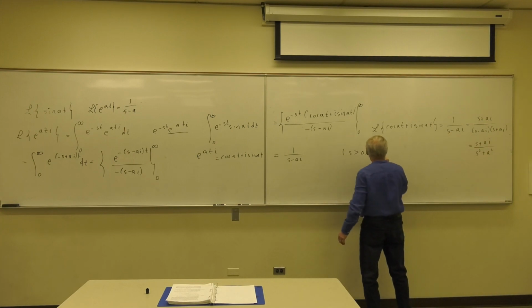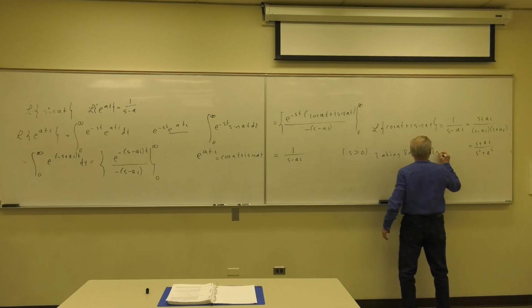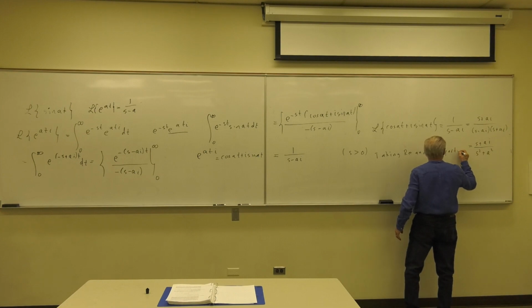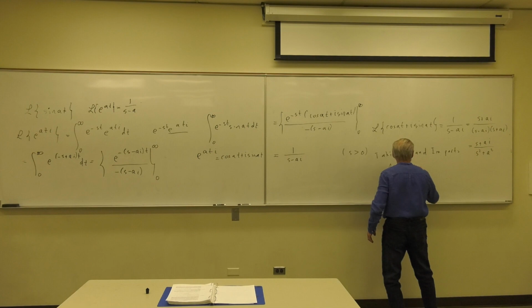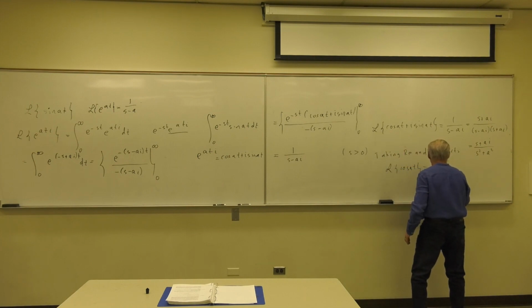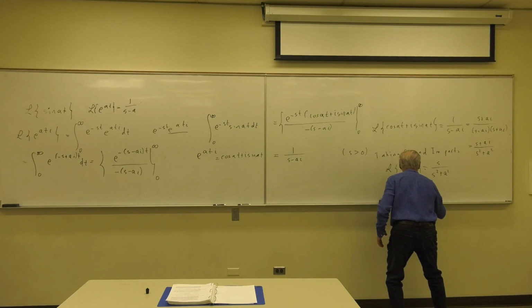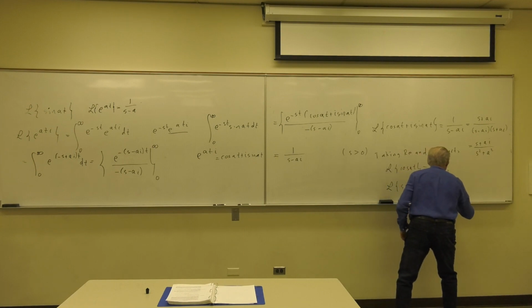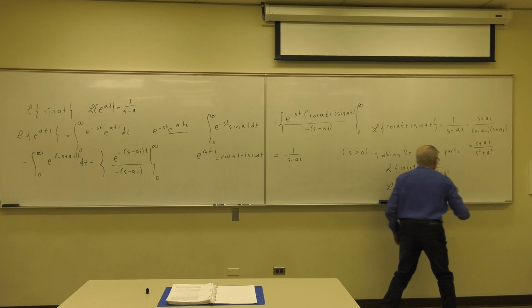And so now, taking real and imaginary parts, I get the Laplace transform of the cosine of at. On the left is the real part, on the right it's s over s squared plus a squared. Imaginary part, Laplace transform of sine of at equal to a over s squared plus a squared.